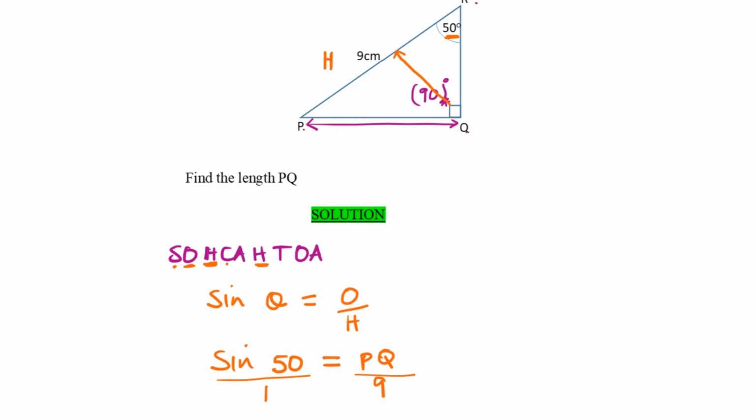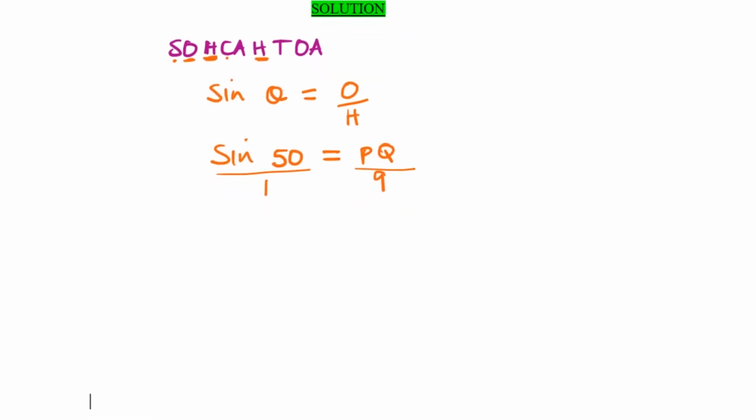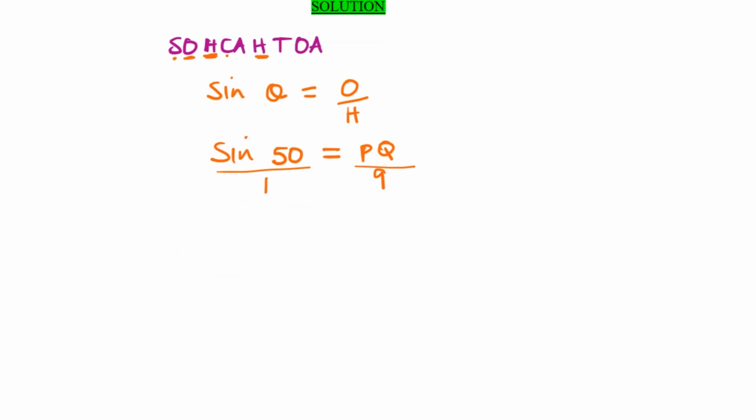We can cross multiply, and if we cross multiply, 1 times PQ will give us PQ is equal to 9 times sine 50. You can proceed by saying PQ equals 9 times sine 50. When you do the calculations on the calculator, you can just punch 9 multiplied by sine 50.